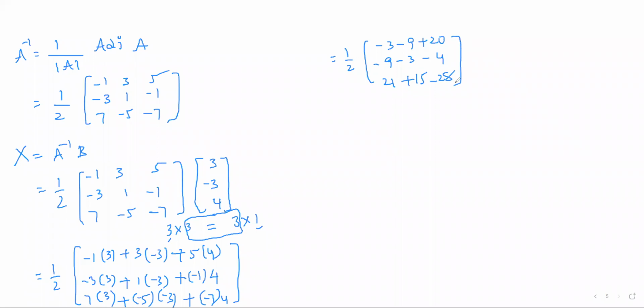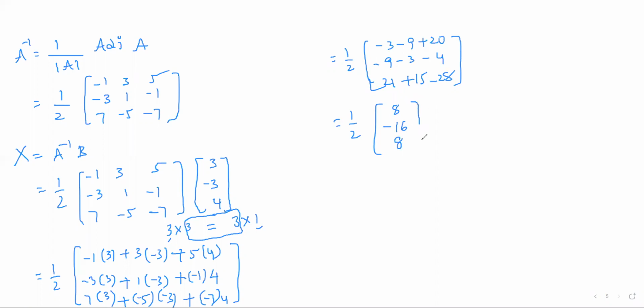So make it simplify, then you got 1/2 into 20 minus 12, 8. Next minus 3 minus 12, minus 16. Next 21 plus 15, 36. 36 minus 28 ఎంత? 8 అనుకుంటా, 8.